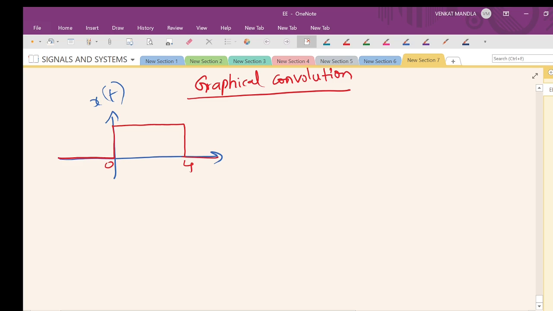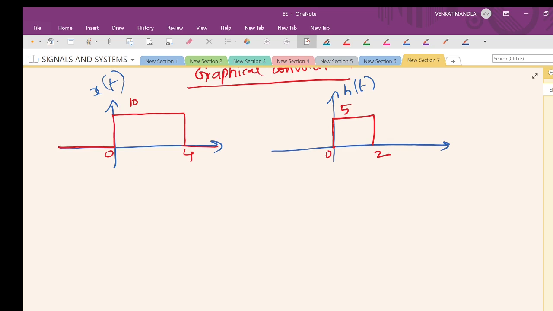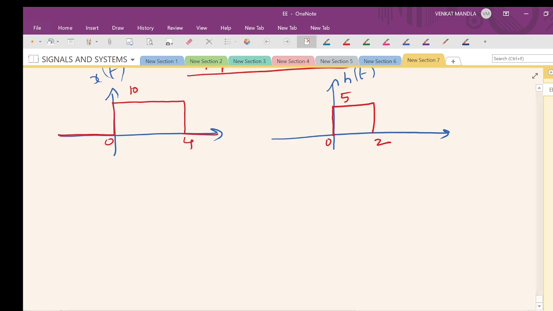Now h(t), let's say h(t) is from 0 to 2, with this value 10 and this 5. These are the two signals given. I want to find out y(t), which is the convolution of x(t) with h(t).